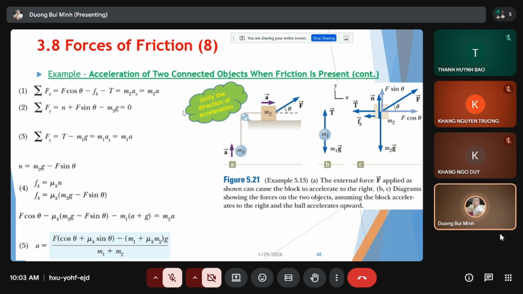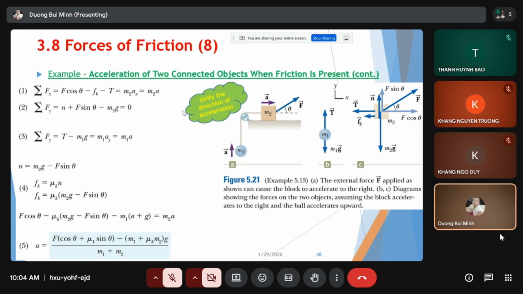For the y-axis, we get N equals M2 g minus F sine theta. This is equation 1, and this one is equation 2. If we combine 1, 2, 3, and so on, you can get A. That's all, and you can get 10% score.